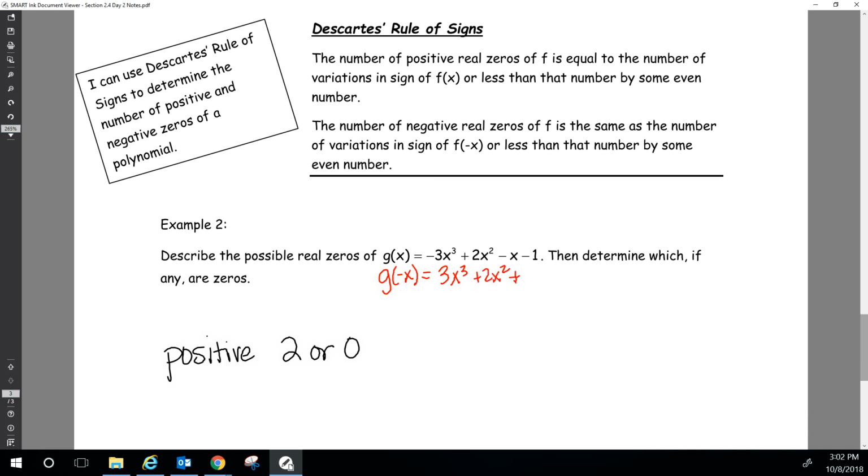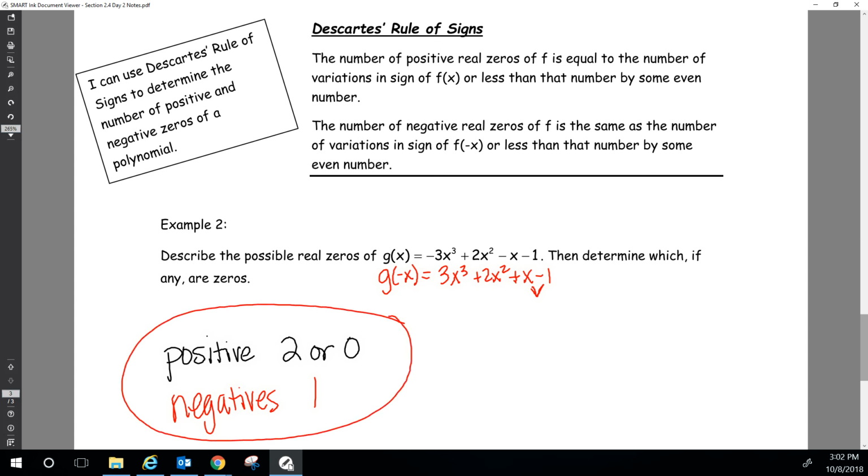Odd again, I change the sign. Constant always stays the same. So that means I've got only one sign change right here. So my possible negatives is just going to be 1, because 1 minus 2 would give me a negative number, and I can't have -1. So this is my total possible zeros.